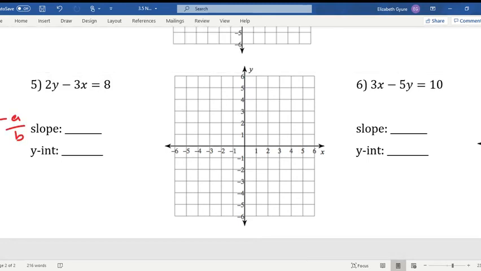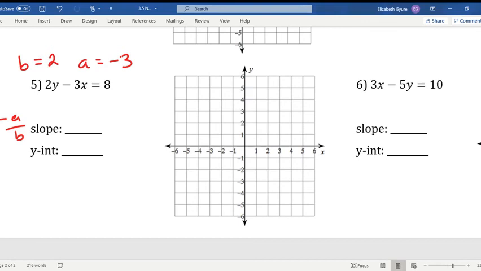Now the question is, what are those? Okay. Your A value is whatever number is in front of X. What number is in front of X? A -3. Okay. Your B value is whatever's in front of Y. What number is in front of Y? 2. Okay.